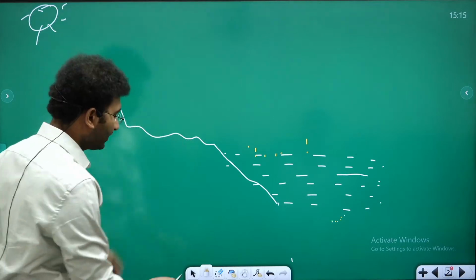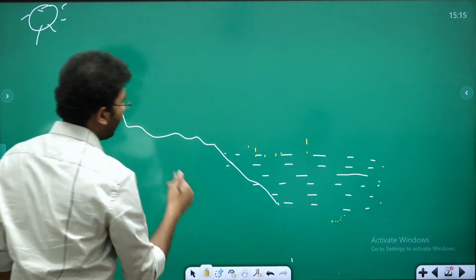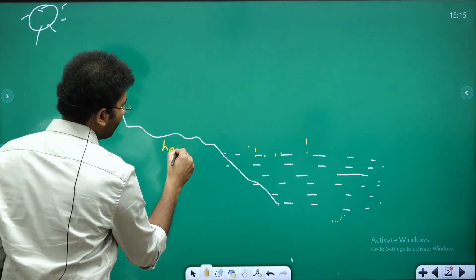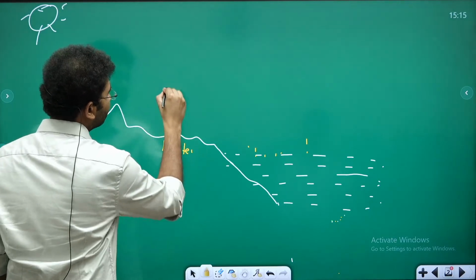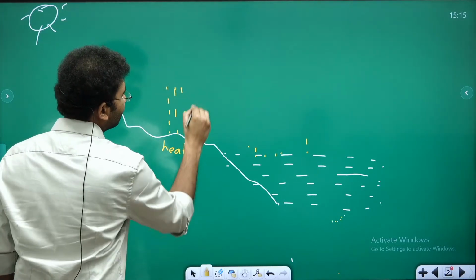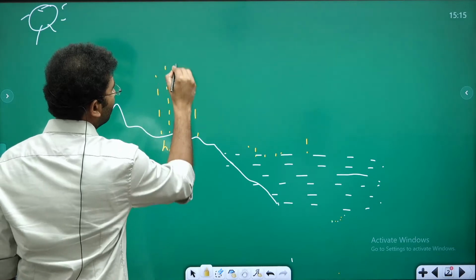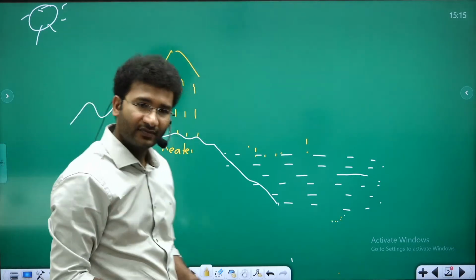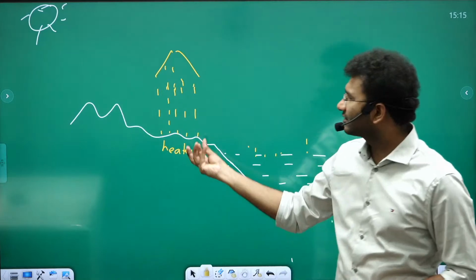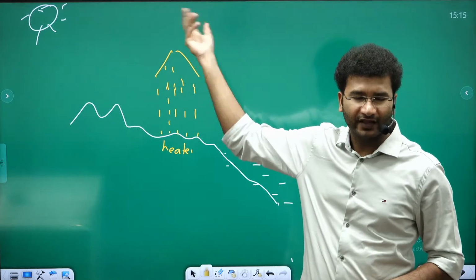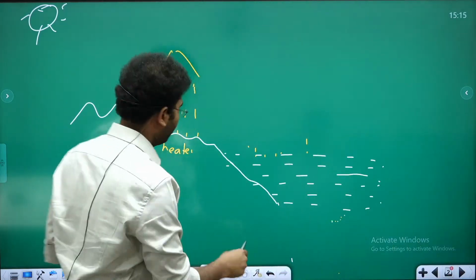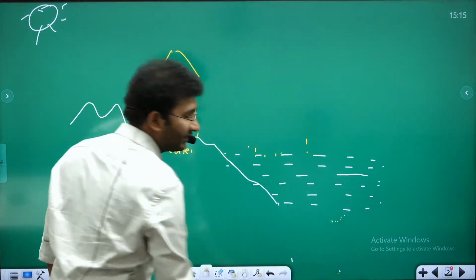Because of that, during the daytime the land gets heated. Once it is heated, you will see a low pressure system develop and the air will start to rise. Clear? When it is low pressure, the air rises up and the wind comes from all directions to fill this low pressure.